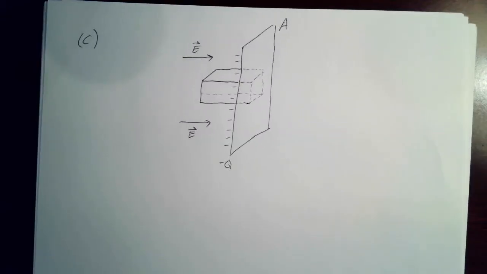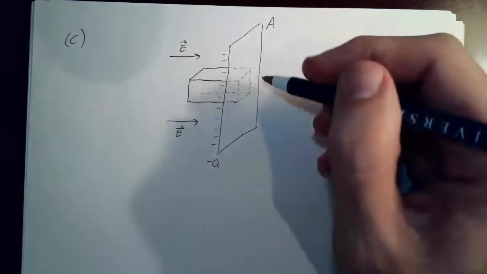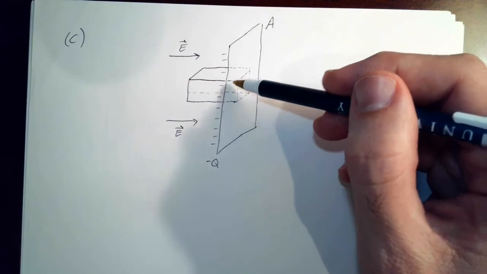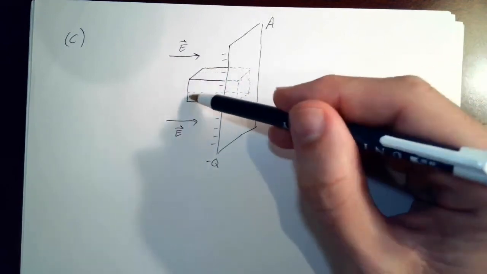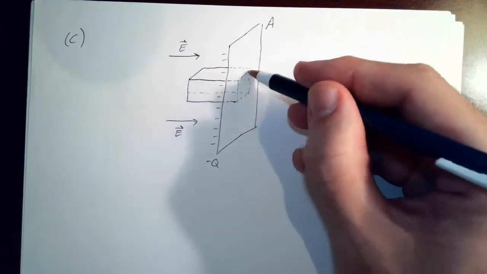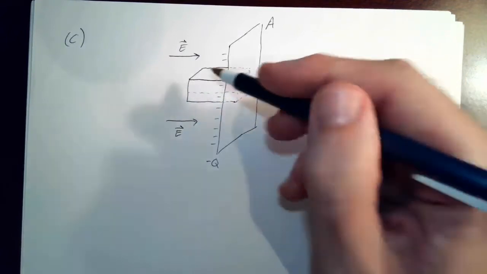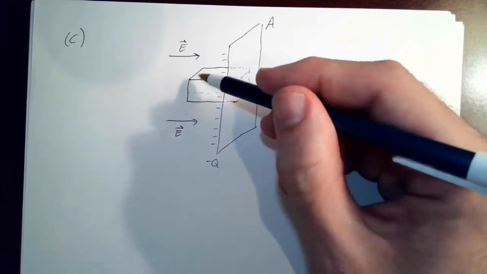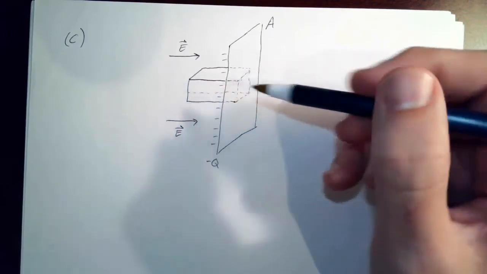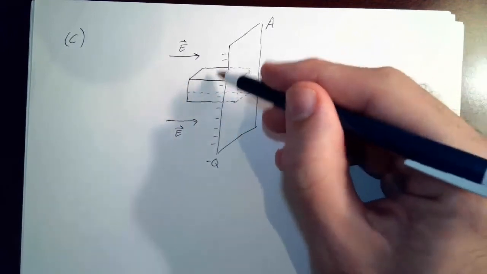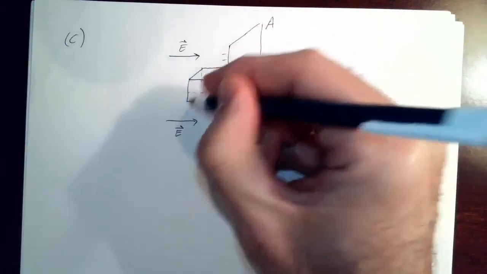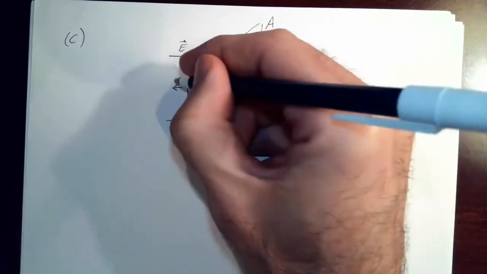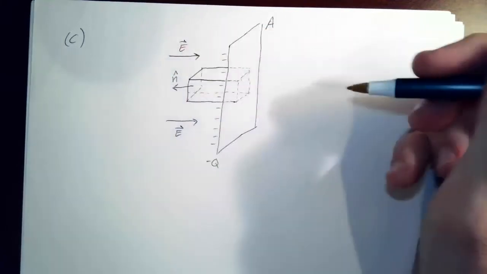Okay, so I've redrawn the situation, and I'm going to go through this one a little bit more quickly. First of all, what's the flux through this surface? At this end, the electric field is 0. And across the top, bottom, front, and back, the electric field skims along the face of the surface, so the flux there is 0. So the only place I'm going to get flux is on this left face where the normal is pointing out of the box.